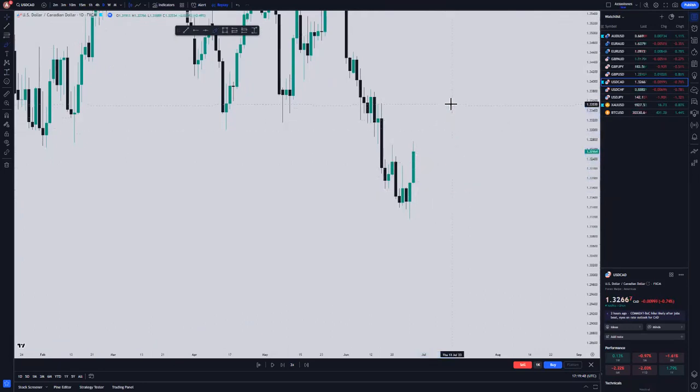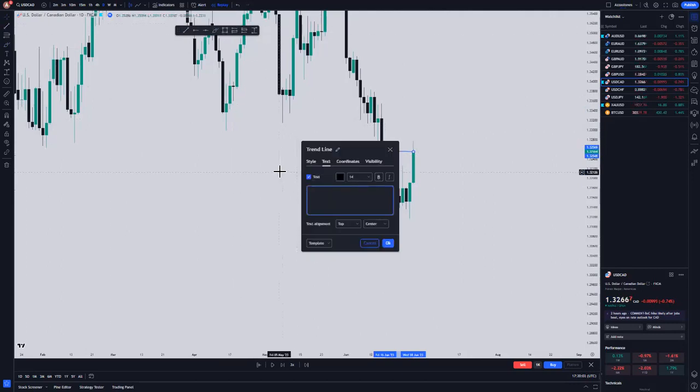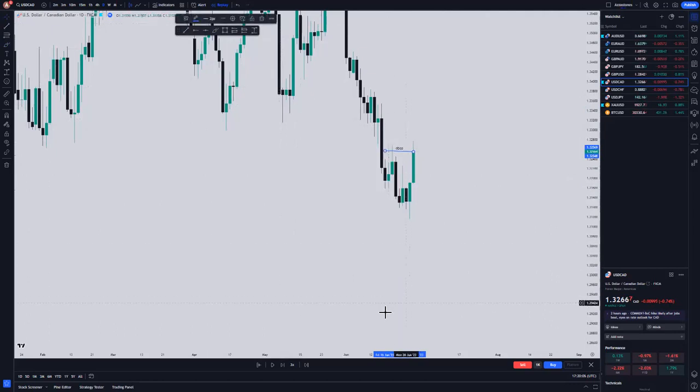But this little push you sometimes cannot see in a higher time frame unless you go to the lower time frame. We have to rename this one as our daily break of structure.